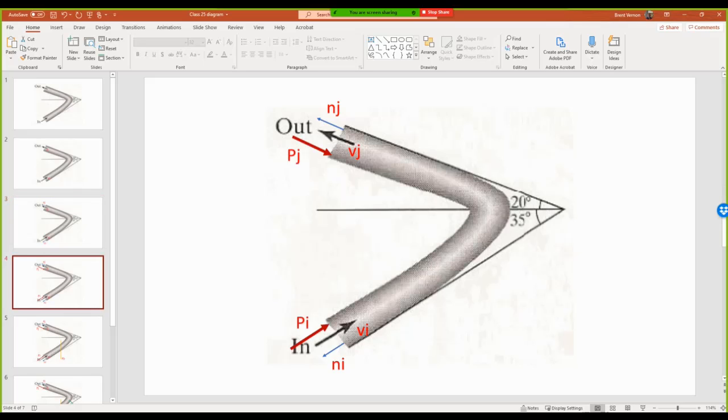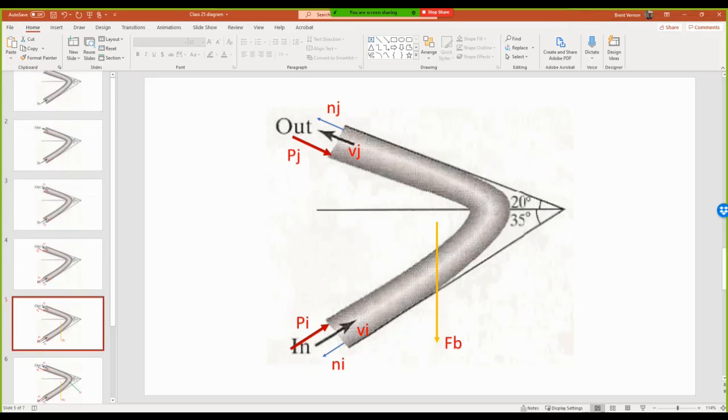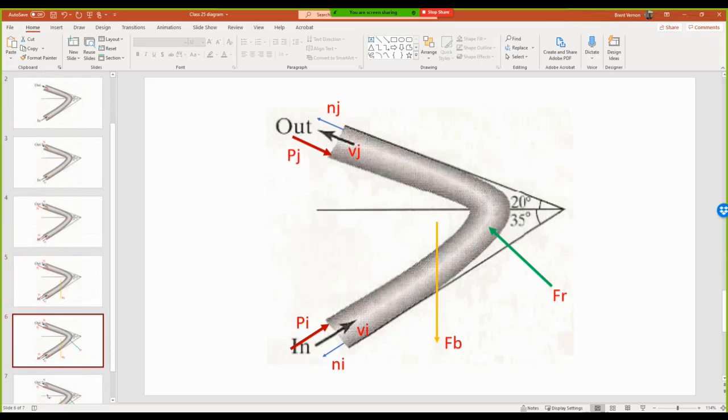Then we also need to put the pressure vectors in. The pressure vectors will always be acting into the system, and I'll call it the pressure in and the pressure out with PI and PJ. And then we'll have a body force, and I'll indicate it working somewhere close to the center of mass here. And then we're looking for the reaction force.